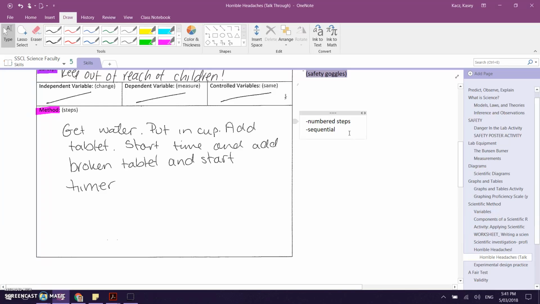So it's numbered, it's sequential, and just like our aim has a verb as one of the first words, in our method, the first word should be an action word. So I'm going to write verb to represent what type of words should go at the beginning of a method. Numbered steps, sequential, a verb. It needs to be able to be replicated by another person doing it.